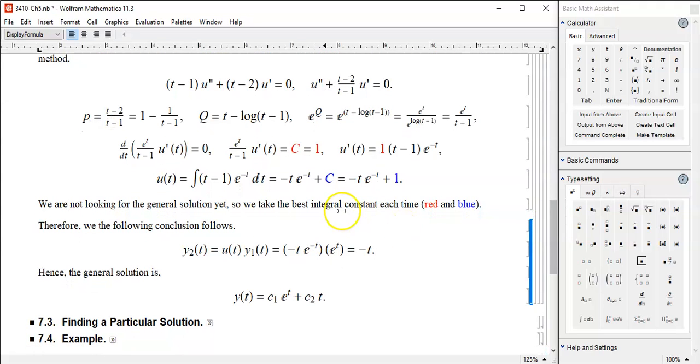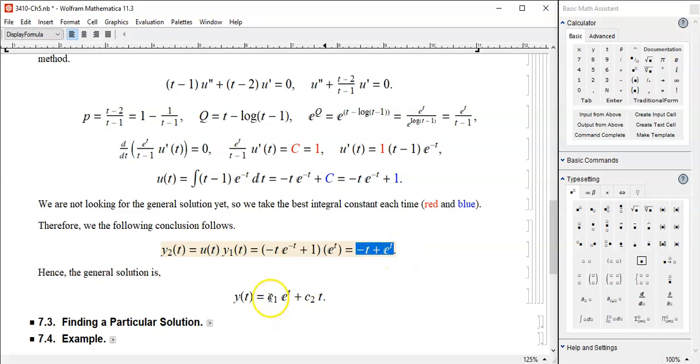And how about this? Let's see. I put 1 here, plus 1 here, so that will be plus 1 times e to the t power. And this is not negative t. Instead, now negative t plus 1, times the exponential of t power. That is your second solution.